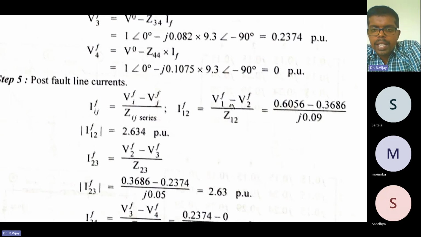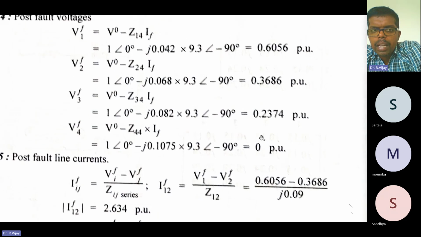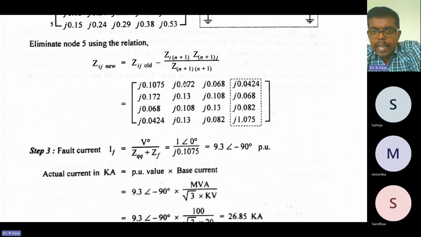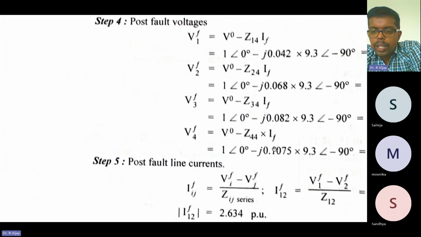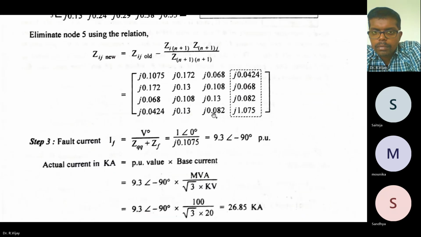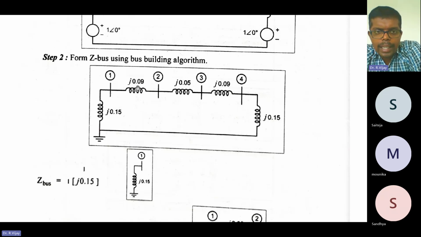I12F is equal to V1F minus V2F divided by Z12. V1F we already calculated: 0.6056 minus V2F, 0.3686, divided by Z12. Z12 is j into 0.09; you need to take it from the impedance diagram.